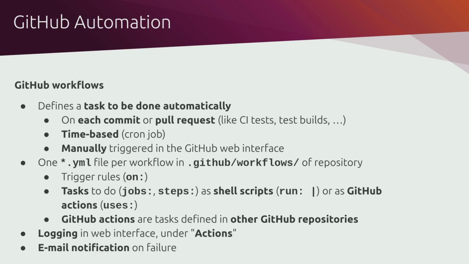A GitHub action is another specialized GitHub repository, which defines an action, and you can call this action. This action is some program. It's like a subroutine, like a library function. And GitHub itself has even a library of actions for standard functionality, like downloading a GitHub repository.